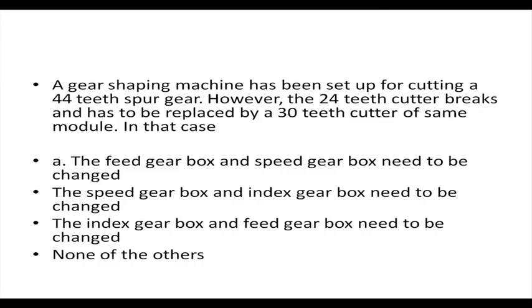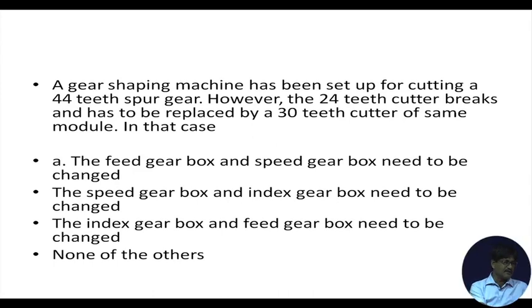It depends upon the specified feed, the module of the cutter, and the number of teeth on the cutter. Therefore, as the number of teeth is changing, we will definitely have a change in US. So, the answer should be the index gearbox and the feed gearbox need to be changed. So, the third option is correct.